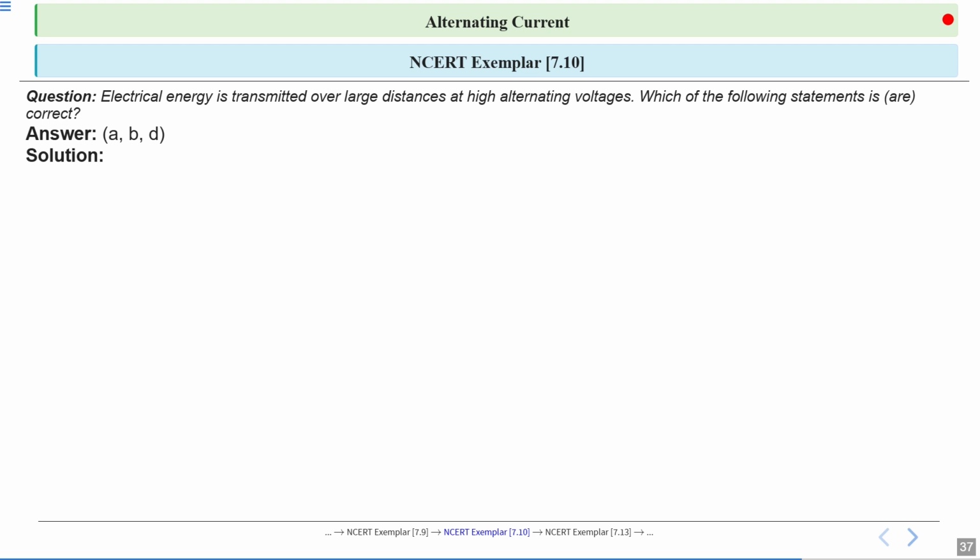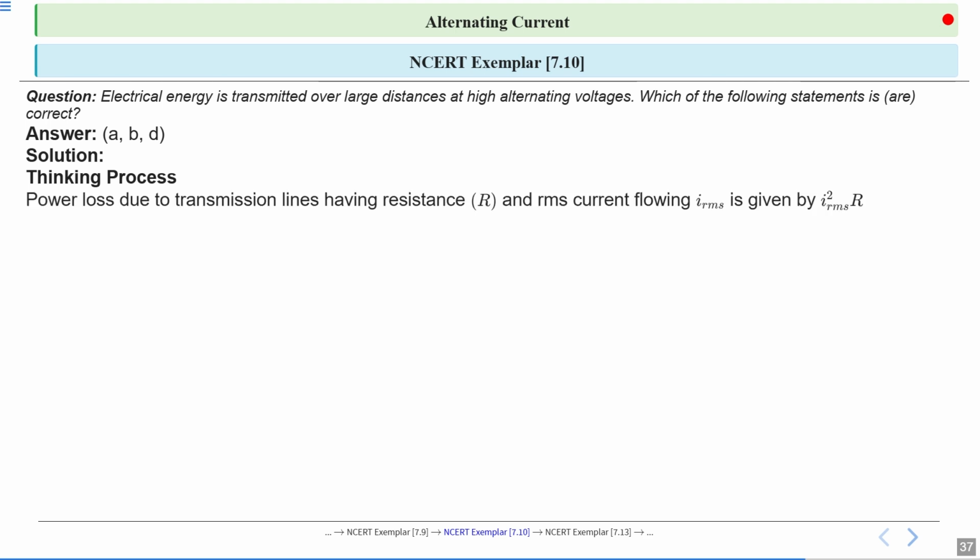So options A, B and D are correct. Only option C is not correct. So what is the thinking process for this question?